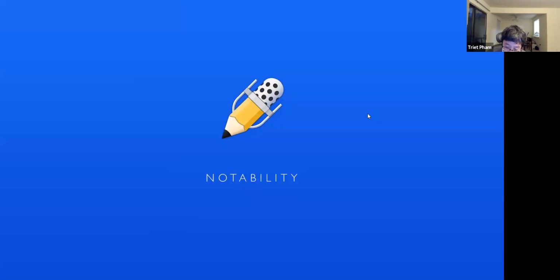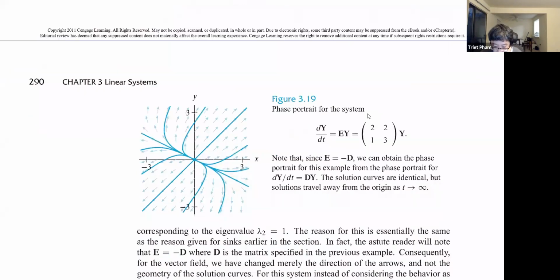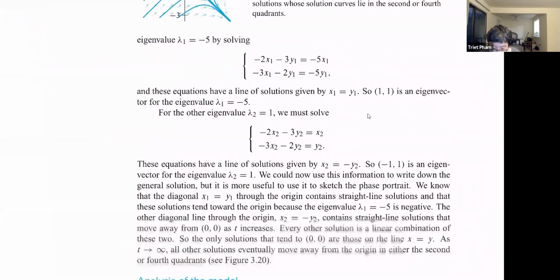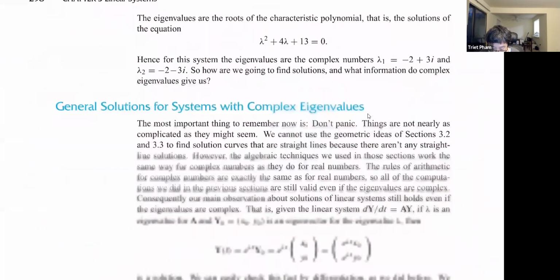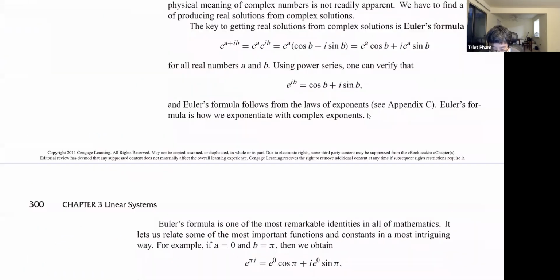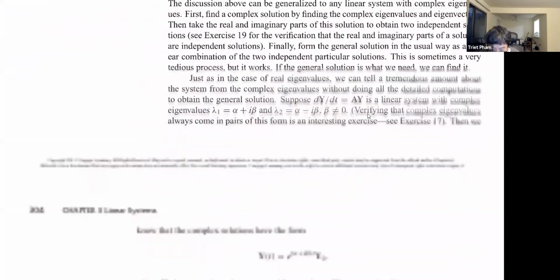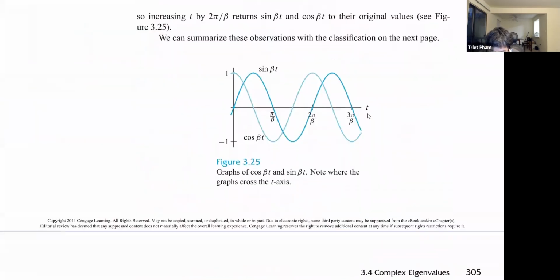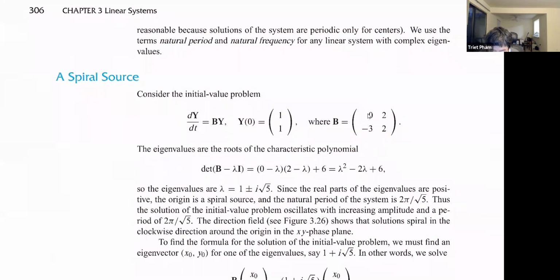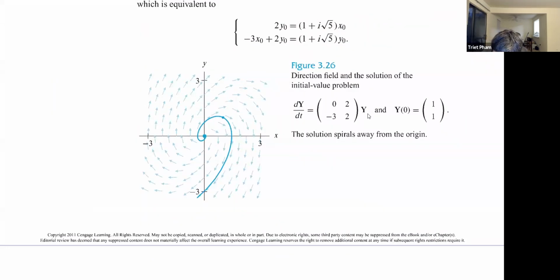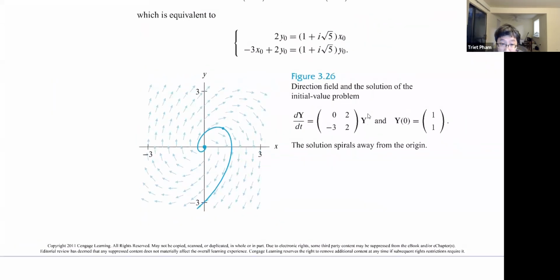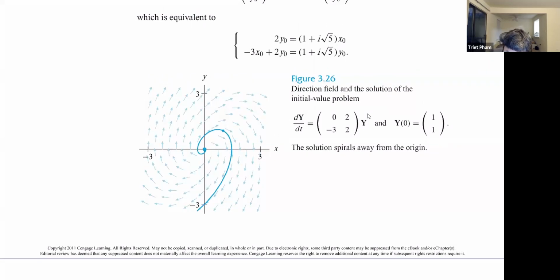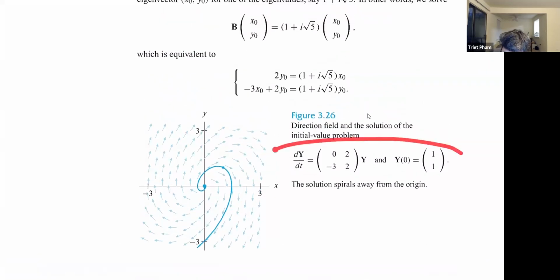So let's take a look at the picture in the book. For example, this system they say is a spiral source.